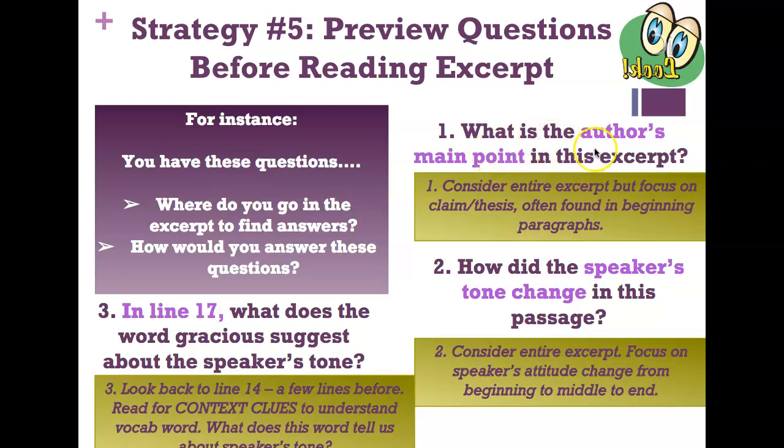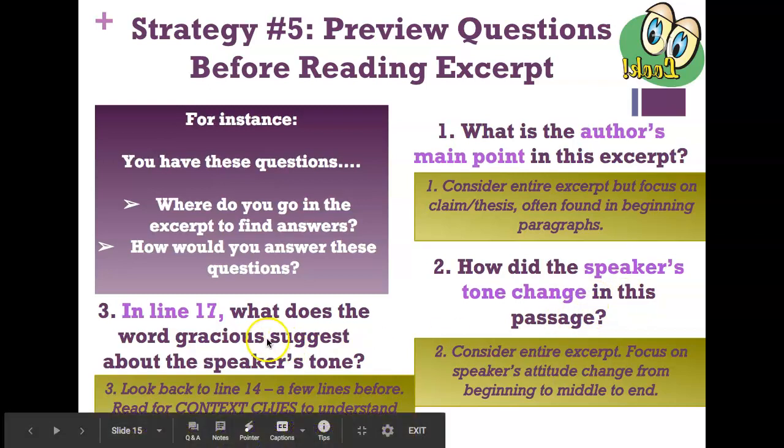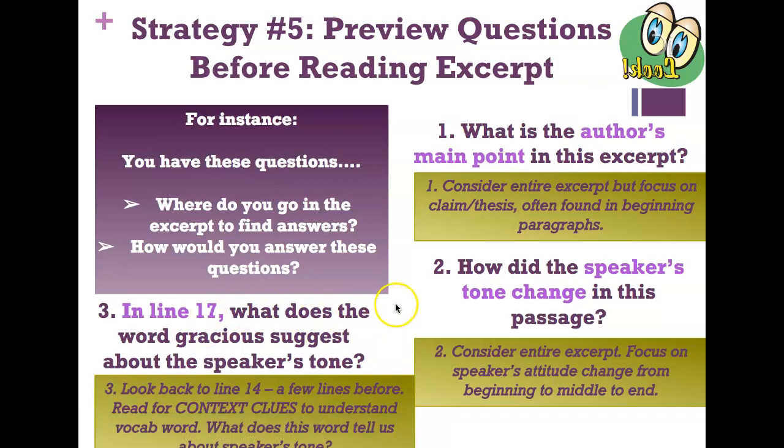And then finally with this slide, be familiar with words like author's main point or speaker or speaker's tone or speaker's tone changing, or speaker's tone suggesting. And finally, I cannot say enough how important it is to start with the questions. Read the questions first.